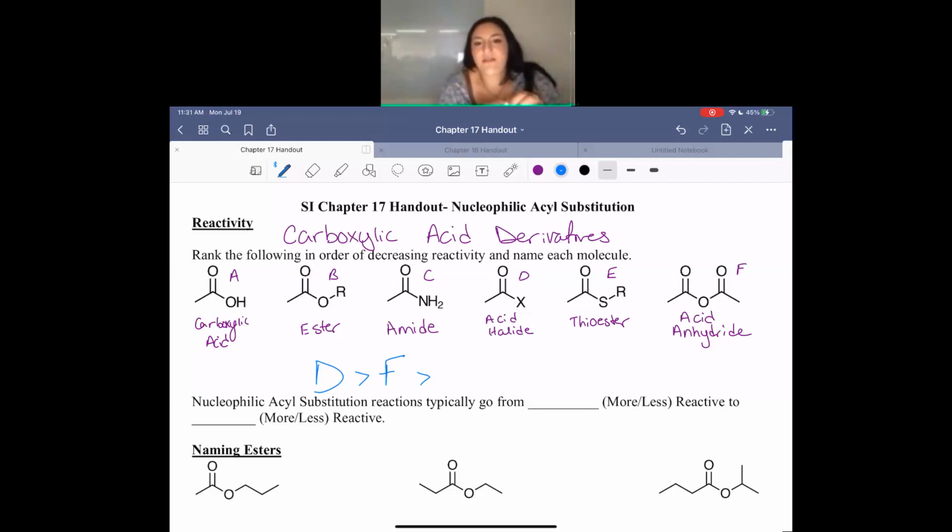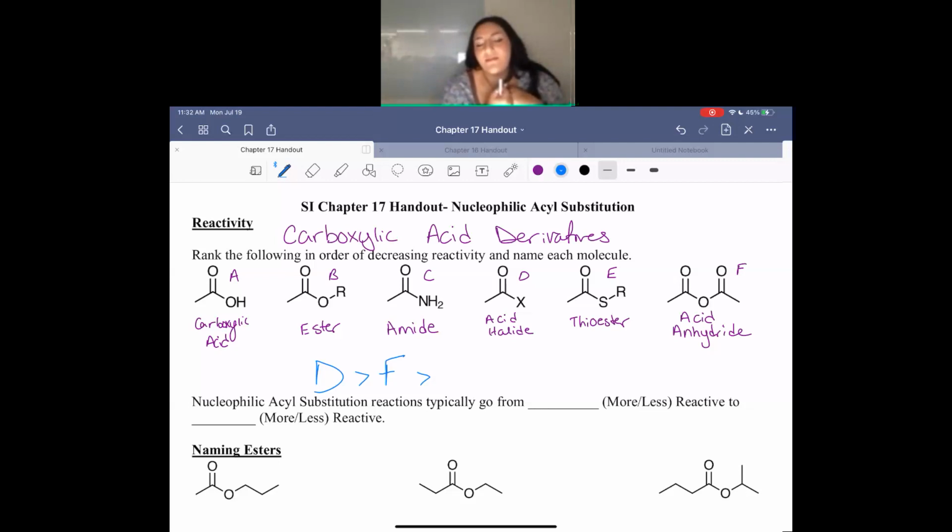Between oxygen, nitrogen, and sulfur, the one that is most likely to act as a leaving group is going to be oxygen, because again, it's the most electronegative of the three, so it wants to keep its electrons to itself. It does not want to share. So between a carboxylic acid, an ester, and an acid anhydride, you have to figure out which one is the best leaving group.